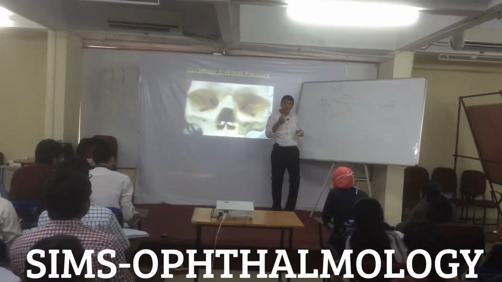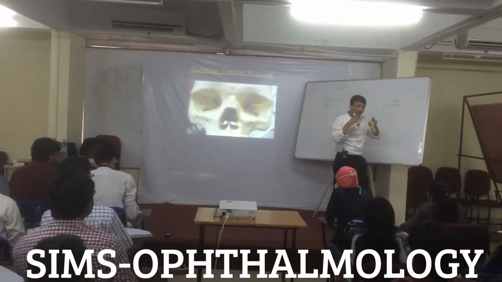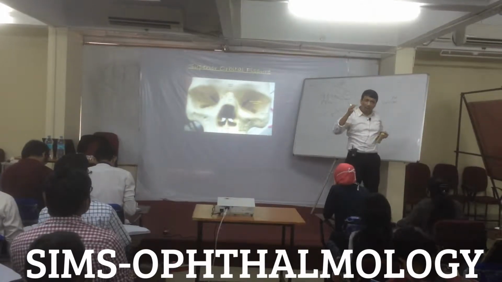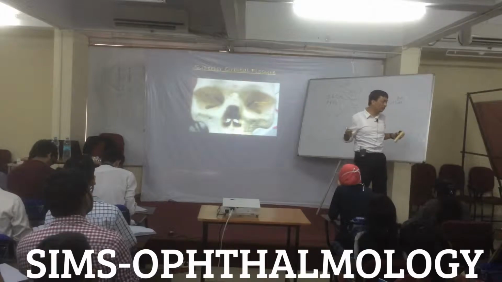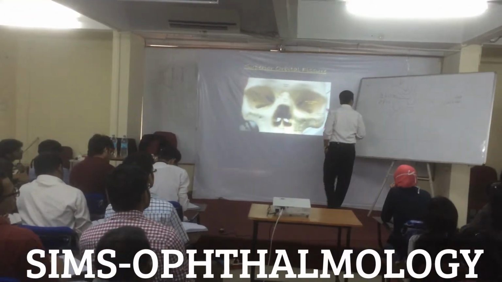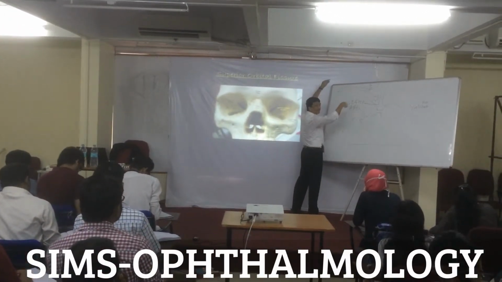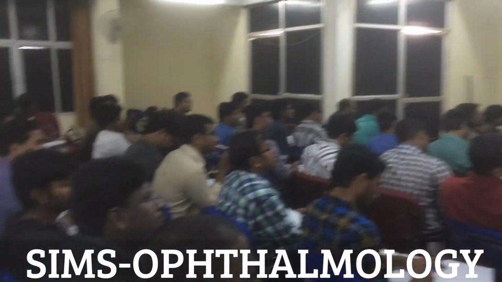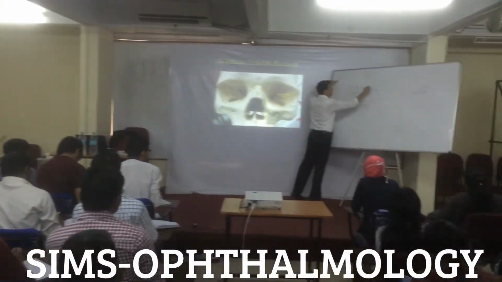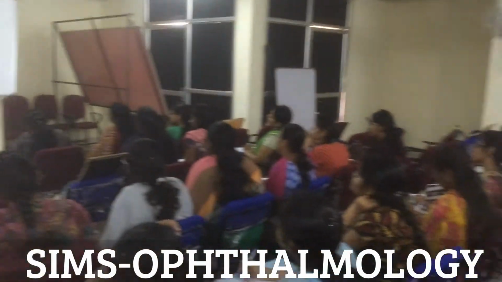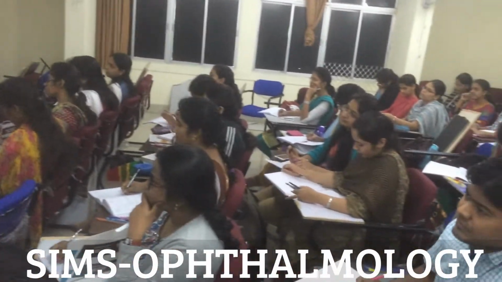So three structures are packed within 5-6 millimeters of each other, and unfortunately the same structures pass through all of them. So it becomes very difficult for us to diagnose clinically between cavernous sinus syndrome, orbital apex syndrome and superior orbital fissure syndrome, which was asked 2 years back.